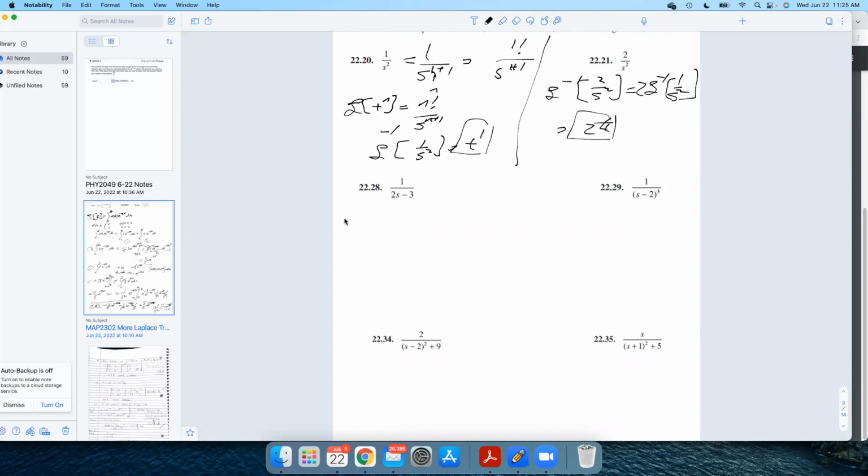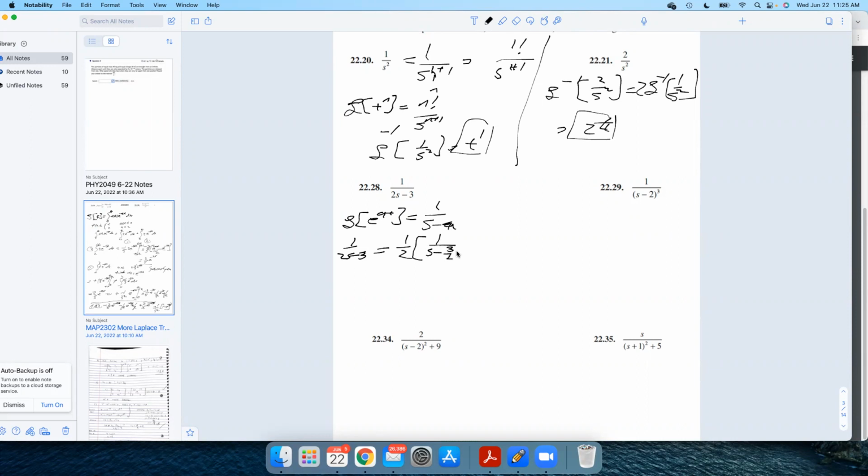So what I'm thinking is the Laplace transform of e to the at is 1 over s minus a. I have to make this look like this. So I've got to get rid of that 2, by factoring that 2 out, that 1/2, so that would give me 1 over s minus 3/2.